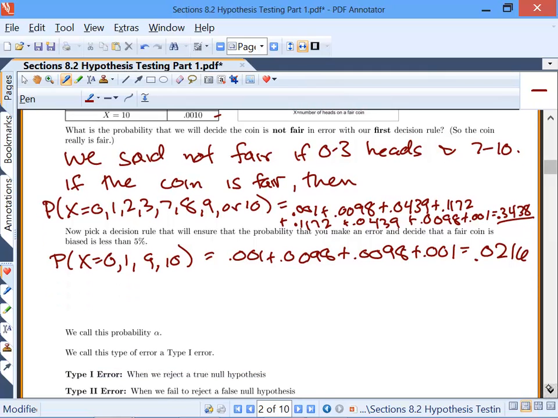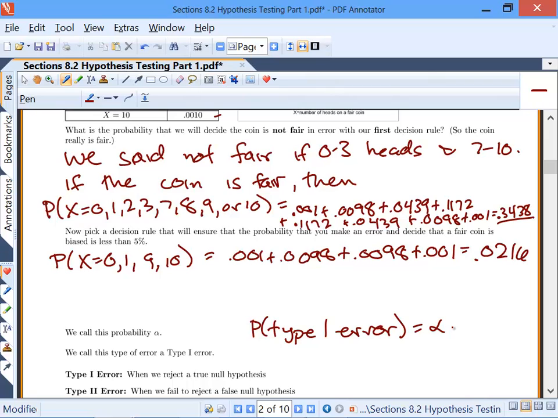But for this probability that we just found, this probability is alpha. Okay? It is the probability of a type 1 error. So the probability of a type 1 error equals alpha. Okay. So a type 1 error is when we reject a true null hypothesis.